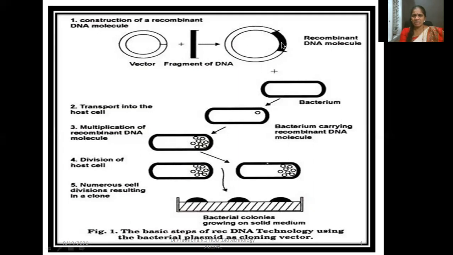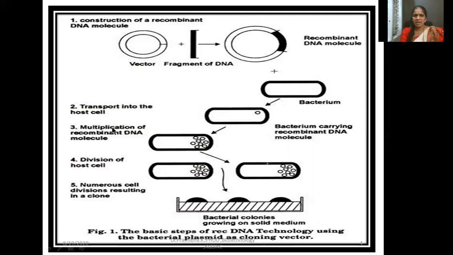Once the recombinant DNA molecule is ready, our in vitro construction is done, then you need to choose a suitable host system. I have taken here the bacterium. To this bacterium, you are going to transport the recombinant DNA into the host cell. Here you can see the bacterium carrying the recombinant DNA molecule.